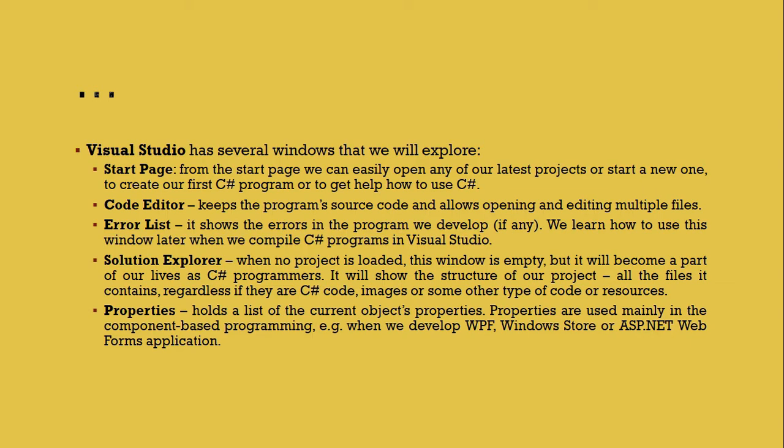Code Editor helps you to write and edit source code. Error List shows errors, warnings. Solution Explorer helps you to display project files, static files, and the source code. You can also open up multiple projects at the same time. You can see the purpose of projects.